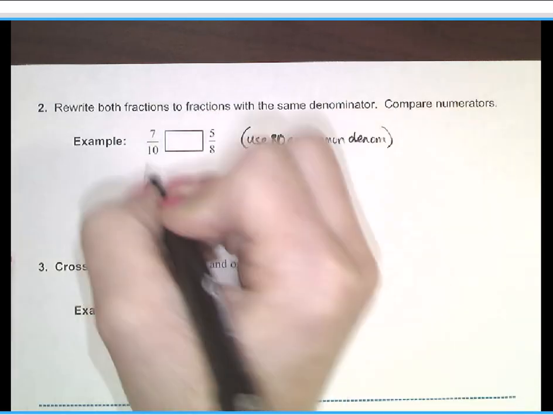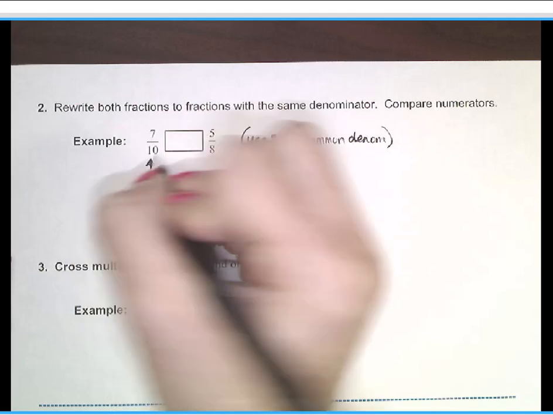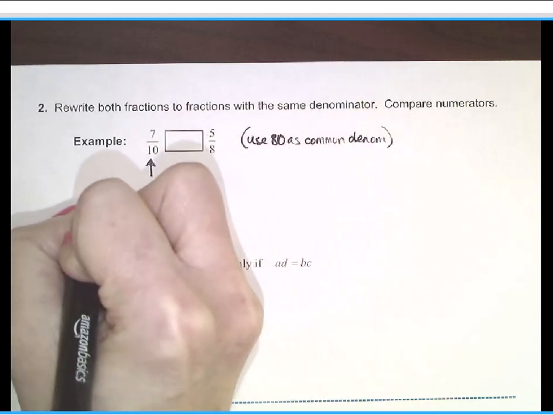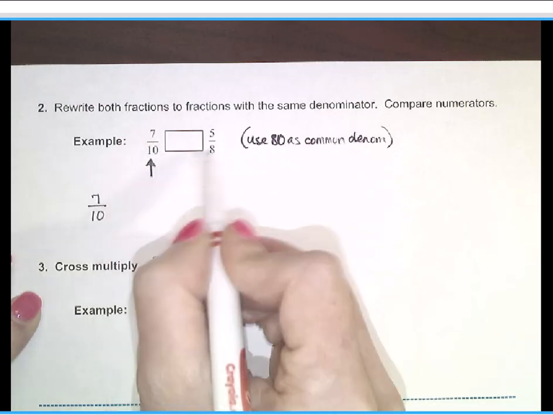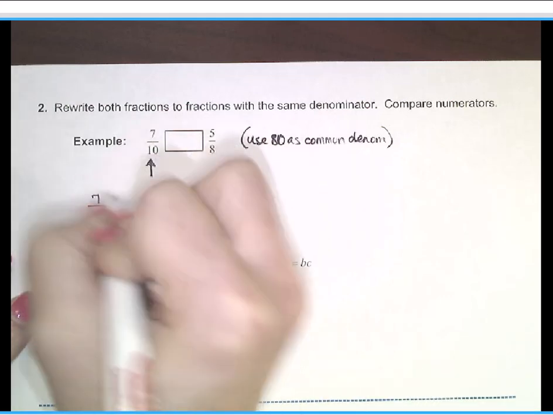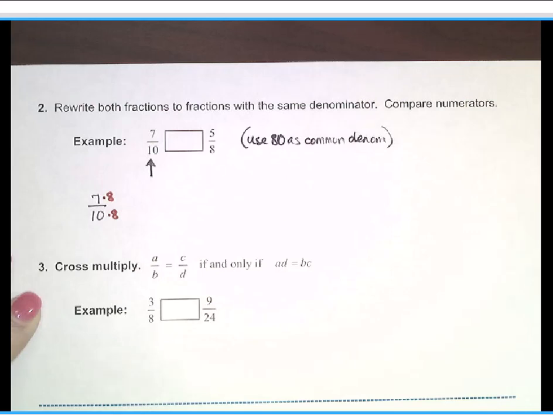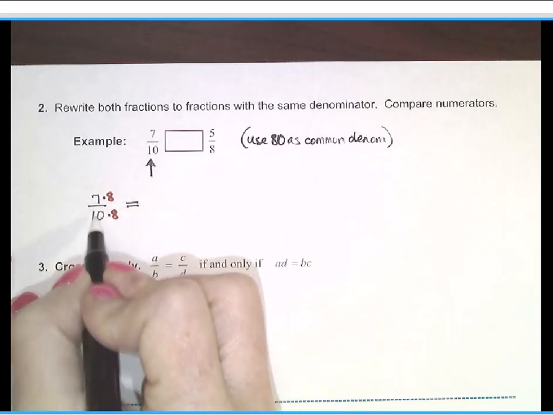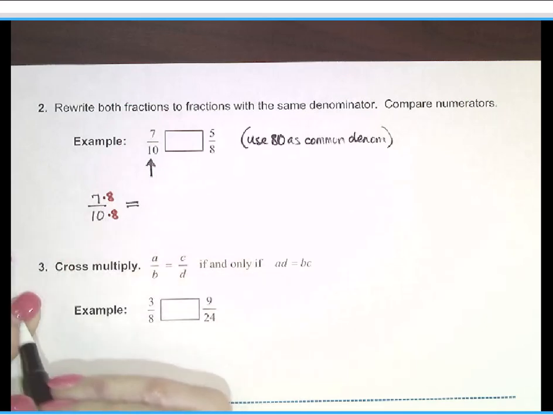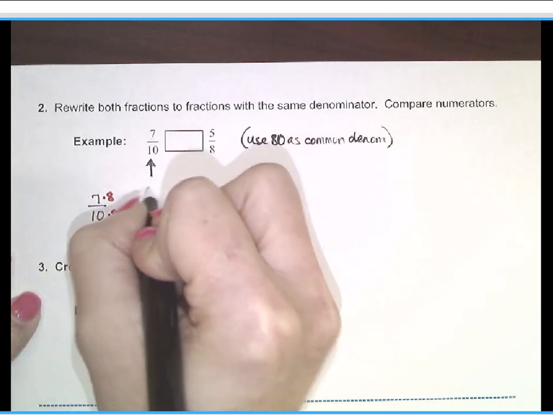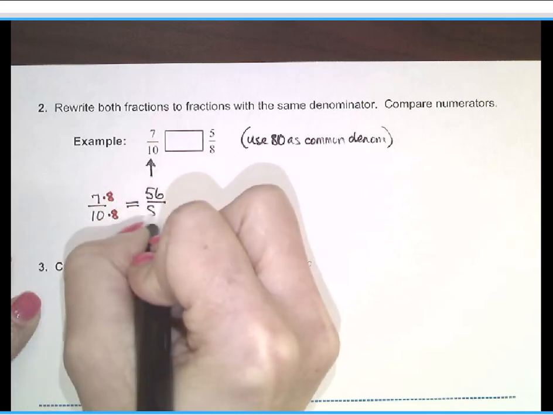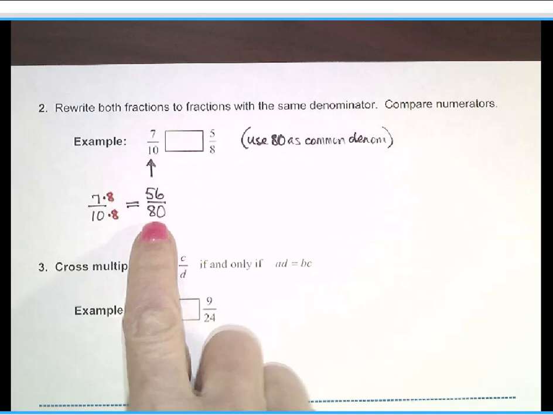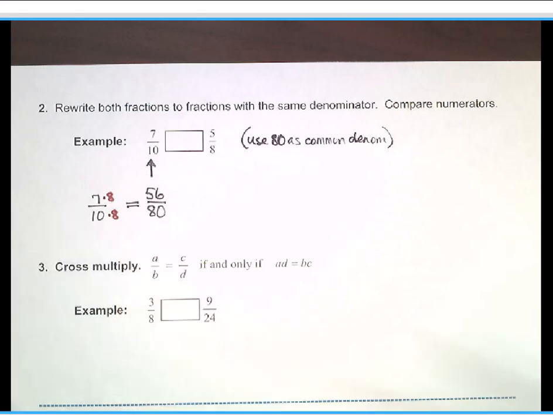All right, so if I want to make 7/10 have a denominator of 80, you have to think about, well, what would you multiply by? Well, you just multiply by the other guy, multiply by 8. And that fundamental law of fractions says you can multiply top and bottom by the same number and retain the ratio in this fraction. So 7 times 8 would be 56, and 10 times 8 would be 80. So if I blow up this fraction to where it has 80 as a denominator, I get 56 over 80.